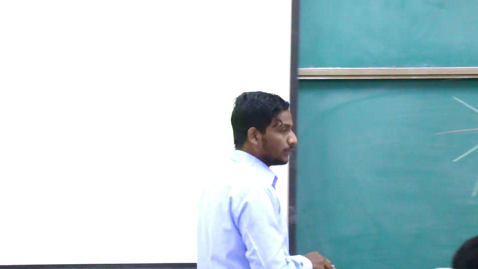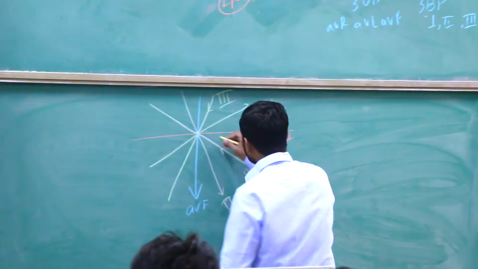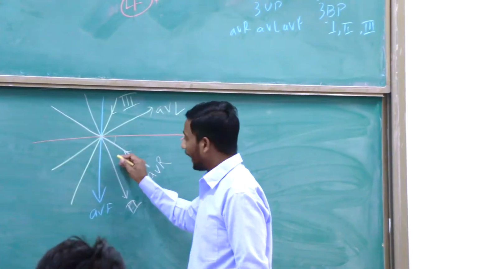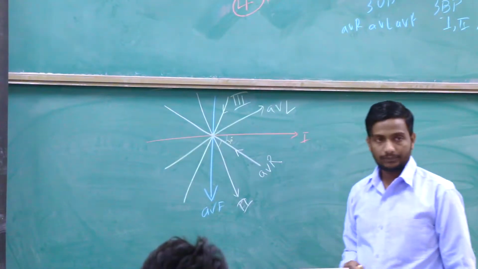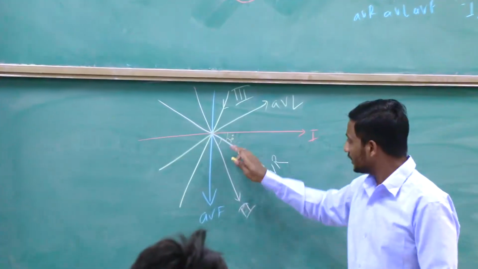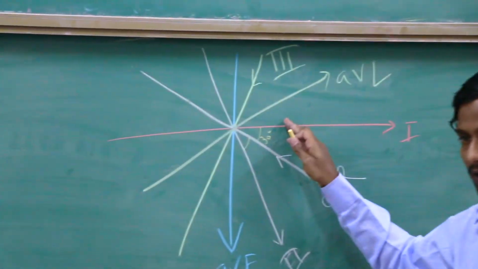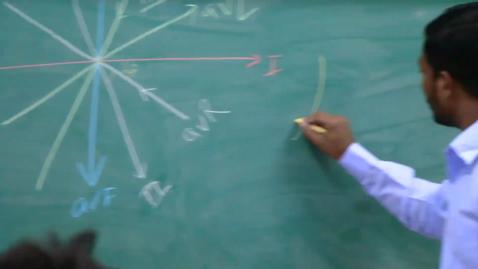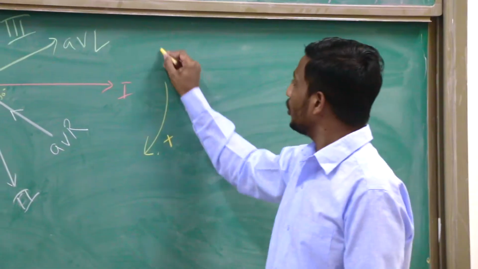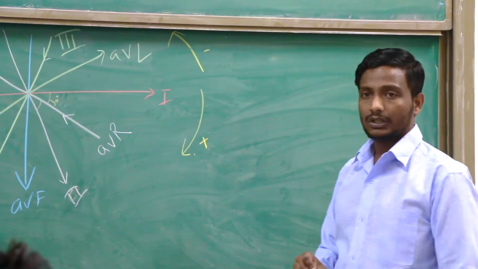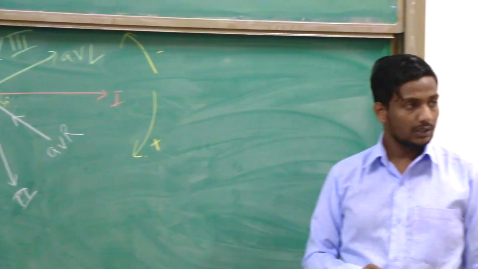The thing for you to remember here is that the angle between all of them is going to be how much? 30 degrees. So in this way we keep on going further. And whenever we go clockwise, we use the positive sign, and if you want to go anti-clockwise, you are going to use negative. Right?